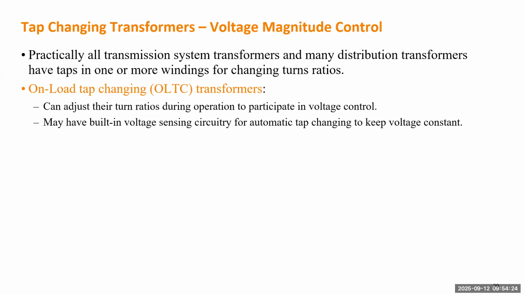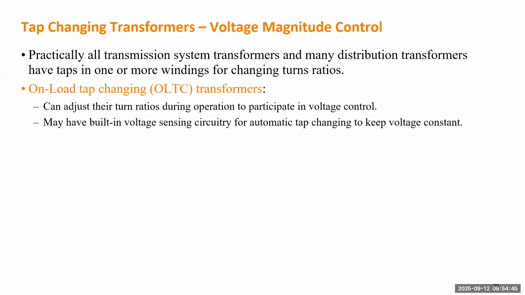So let's use an unload tap changing transformer as one example. This transformer can adjust turn ratio during operation, which means it can participate in voltage control. They may even have a built-in voltage sensing circuit for automatic tap changing, which means you can design a negative feedback system.